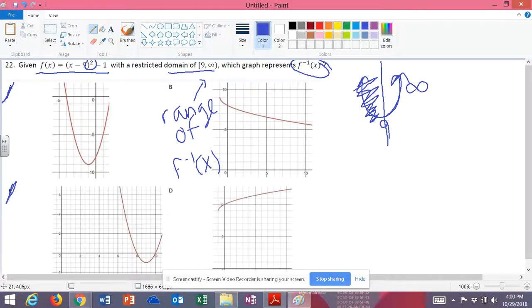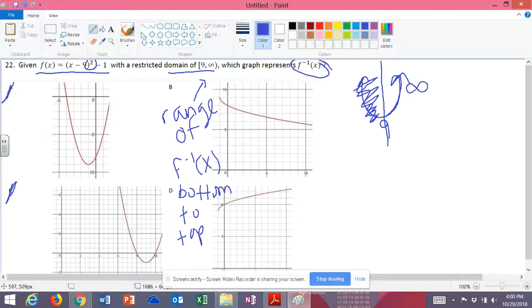So that's when I want to apply that if the domain of my original function is 9 to infinity, then that means the range of my inverse function is 9 to infinity. So remember, range would be bottom to top.